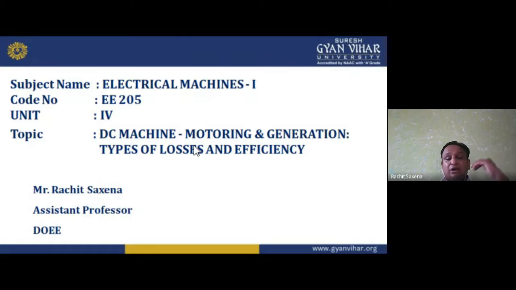Then the main important part is the commutator. If I am applying a generator like this, and a motor like this: a generator, when I give the input in the form of a mechanical prime mover, always rotates in the clockwise direction. If I give the input to the motor, which is electrical, it will rotate in the anti-clockwise direction.